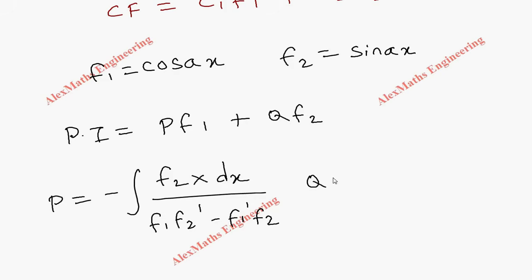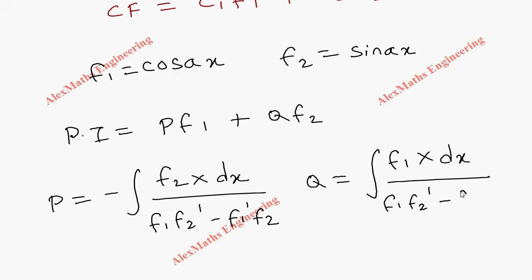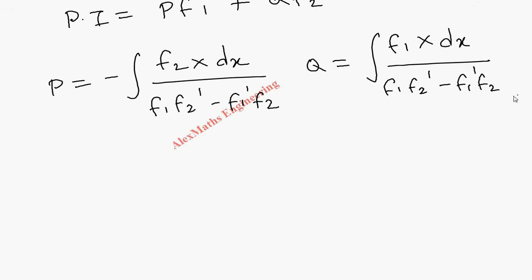The same way, q is integral f1 x dx divided by f1 f2 dash minus f1 dash f2. Before finding p and q, we have f1 f2 dash minus f1 dash f2 in both the integrations. So let's find its value separately.